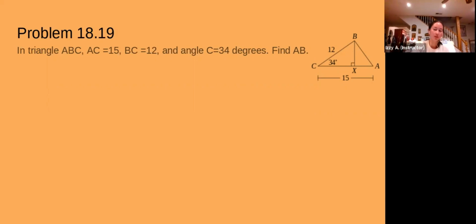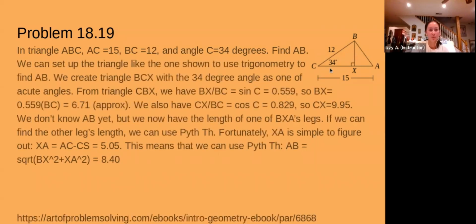Okay, so let's go ahead and go over this problem. We can set up the triangle like the one shown to use trigonometry to find AB. First, we create triangle BCX with the 34-degree angle as one of the acute angles. From triangle CBX, we focus on angle C, and sine of C is equal to BX over BC.